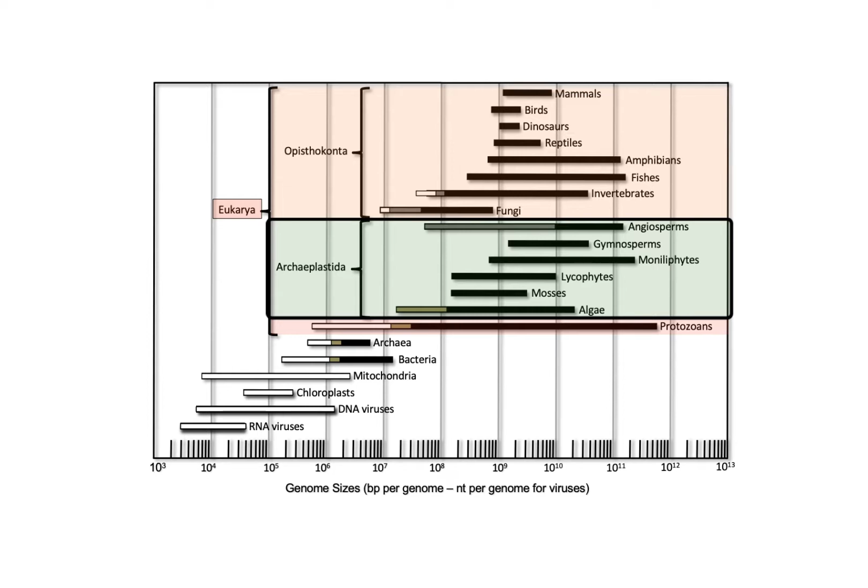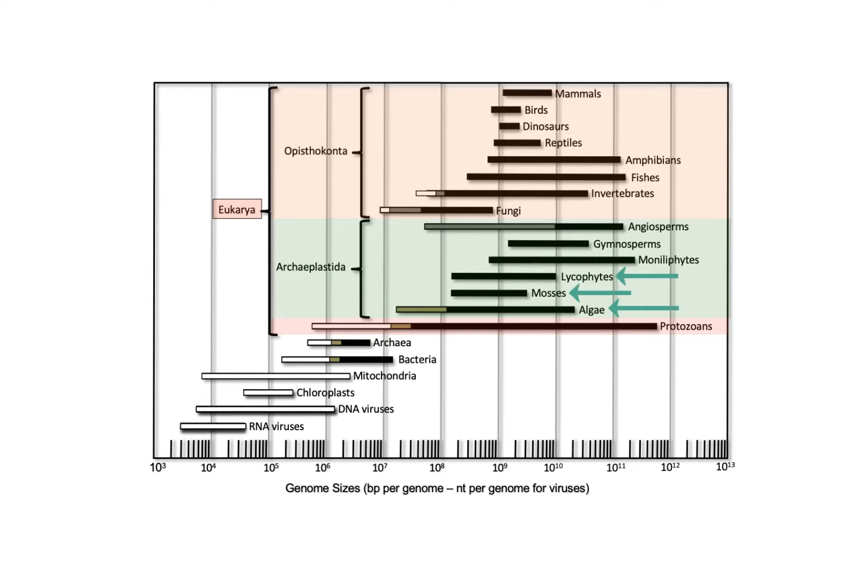The grayish color indicates a mixture of free-living and parasites, and then the white are obligate parasites, etc. So plants, you can see going from the algae, mosses, lycophytes, monilophytes, gymnosperms, and angiosperms there, and then up into the Opisthokonta, which includes the fungi and the animals, going from invertebrates up to mammals.